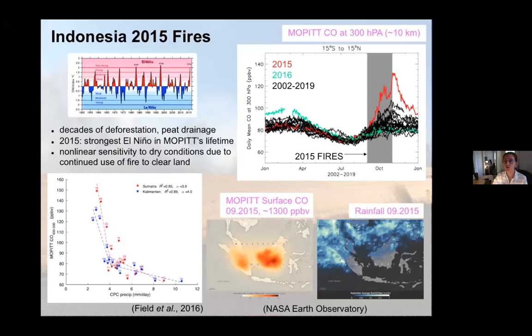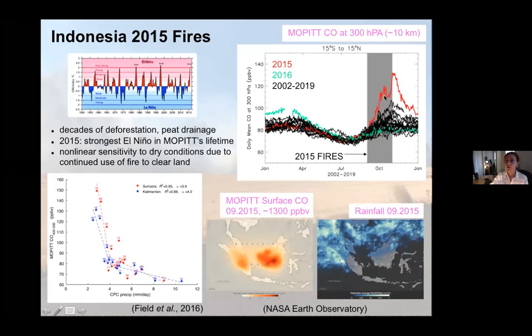And you can see that most years, shown in black, follow the same pattern. Now we go to 2015 and it starts pretty much the same. And then during the fires, shown in the dark box here, CO is much, much higher. It's like 50% higher than what was normal before and after.